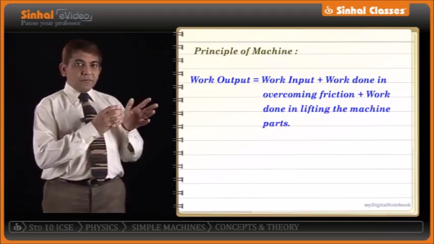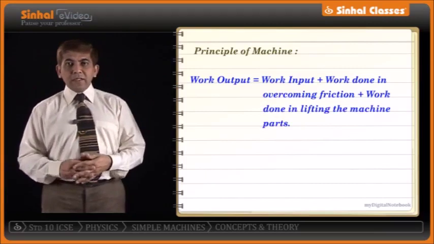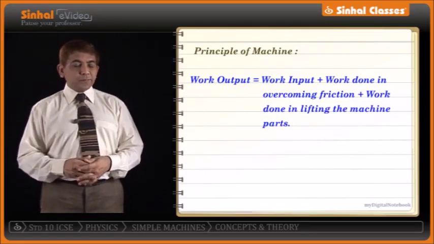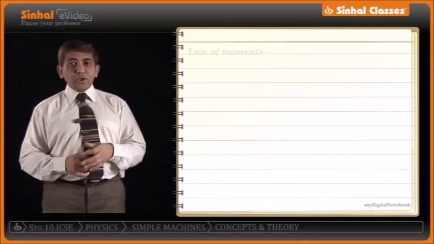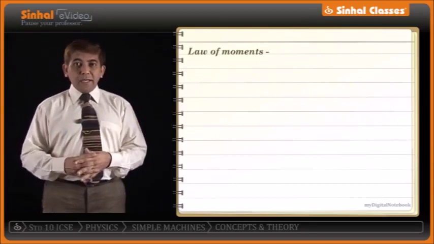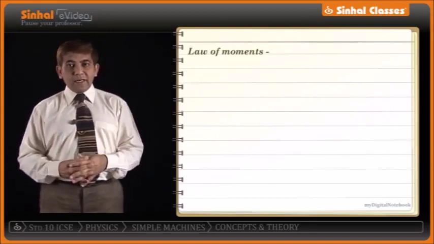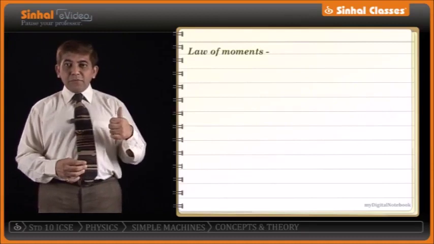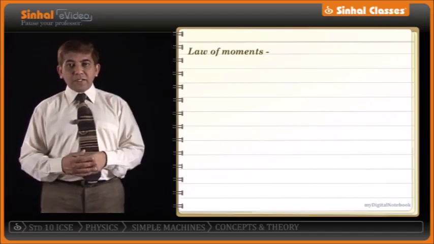With these basic fundamental definitions as far as simple machines are concerned, let's go to the law of moments, which you have studied in your 9th standard. Definitely, the law of moments was about turning forces.